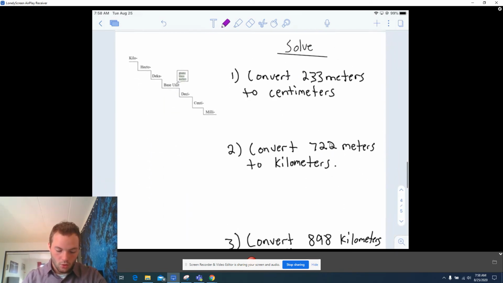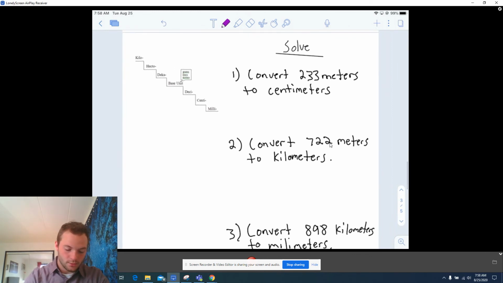So let's look at number 1. I'll do it in purple. We're doing 233 meters. That's right here. And we're going to go to centimeters. So you can do either or. The two things you need to know is how many places to move the decimal place and which direction.